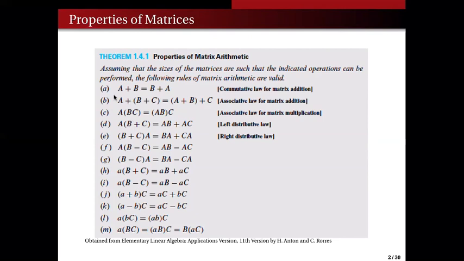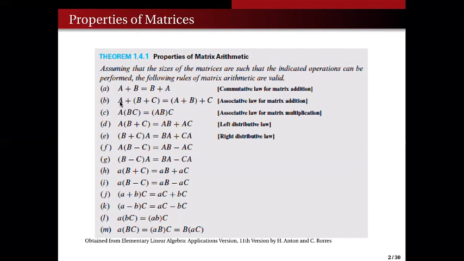As I mentioned, if you add two matrices A plus B, it will just be the same as B plus A. So you can interchange them, and that's called the commutative law for matrix addition.